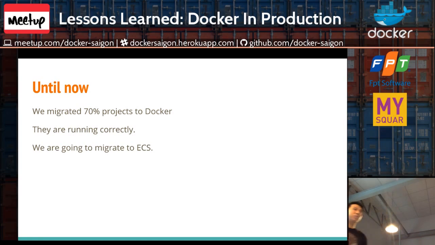And does Docker help you reduce a lot of hardware resources? Yes, because we can run many containers in one instance. Maybe just on staging. Before we applied Docker, we ran the containers in many instances, and with Docker we can run them on one instance, and we save a lot of money.